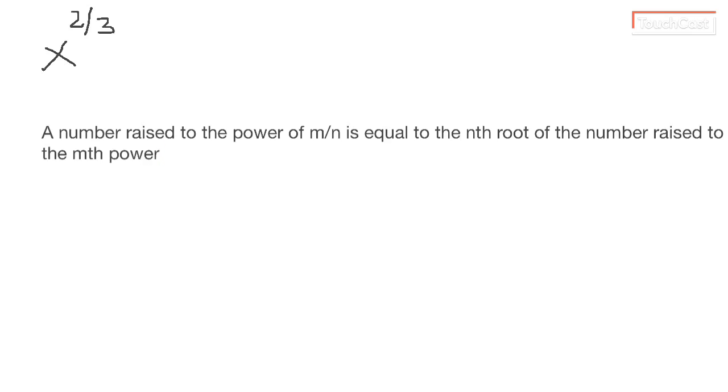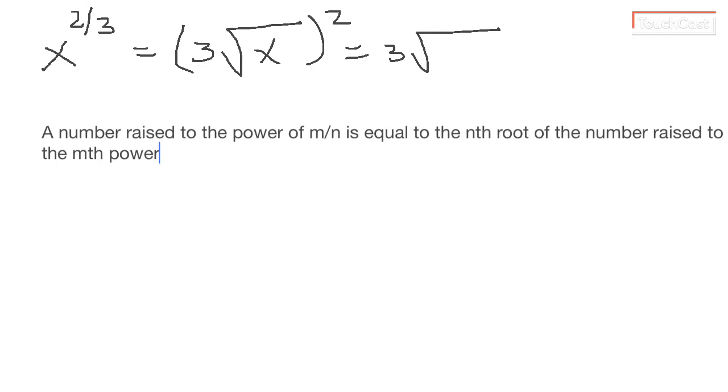So what that means with this x to the 2/3, we write that as the cube root of x and then we square that. We can also write it as the cube root of x squared.